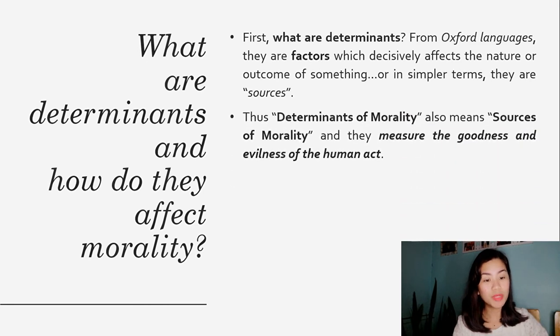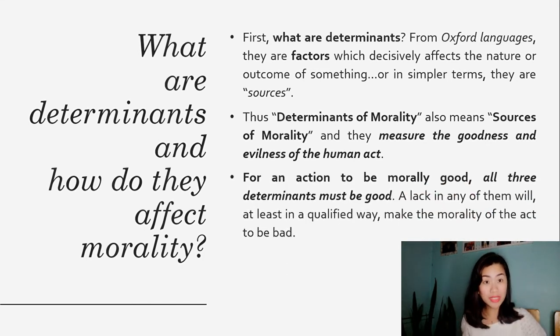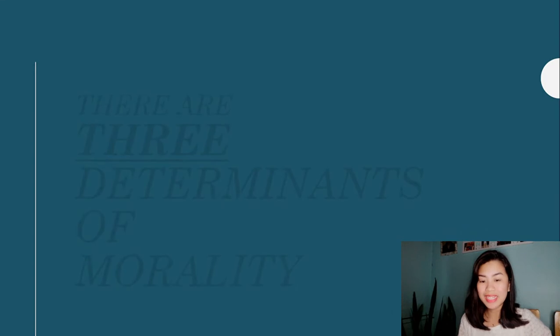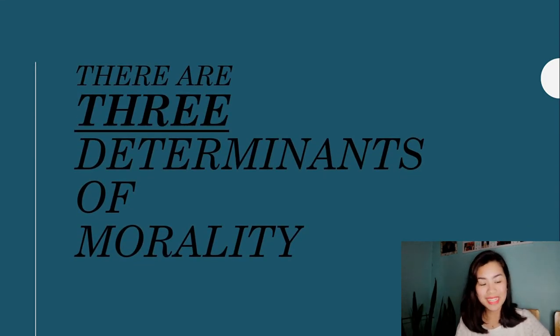Thus, determinants of morality also means sources of morality, and they measure the goodness and evilness of the human act. For an action to be morally good, all three determinants must be good. A lack in any of them, at least in a qualified way, makes the morality of the act bad. And there are three determinants of morality.